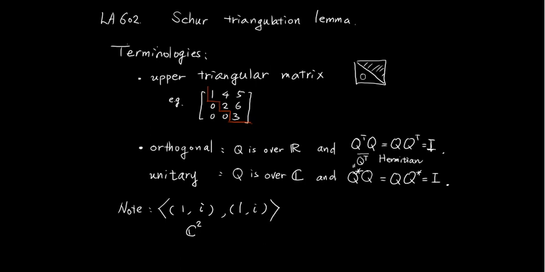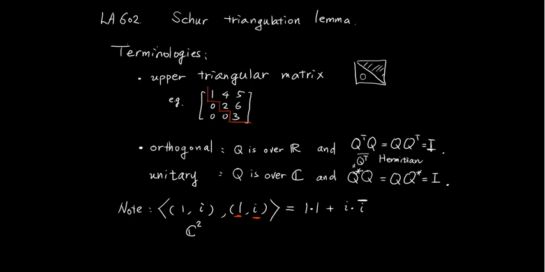But notice that when you are doing the inner product for complex numbers, you have to take the conjugate of the second part. So it has to be 1 times 1 plus i times i conjugate.